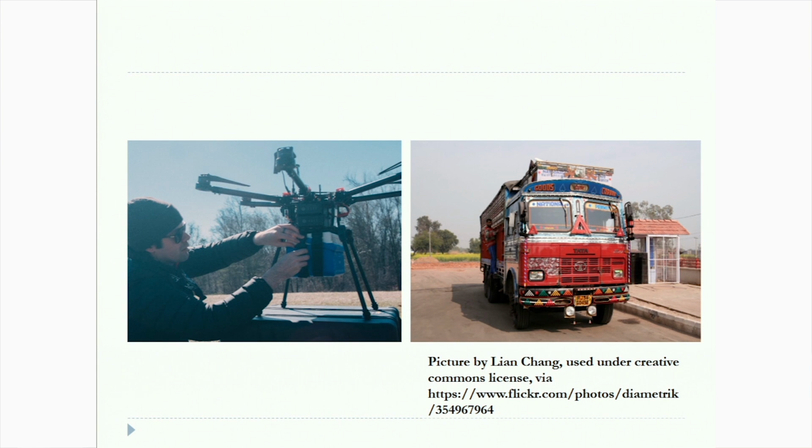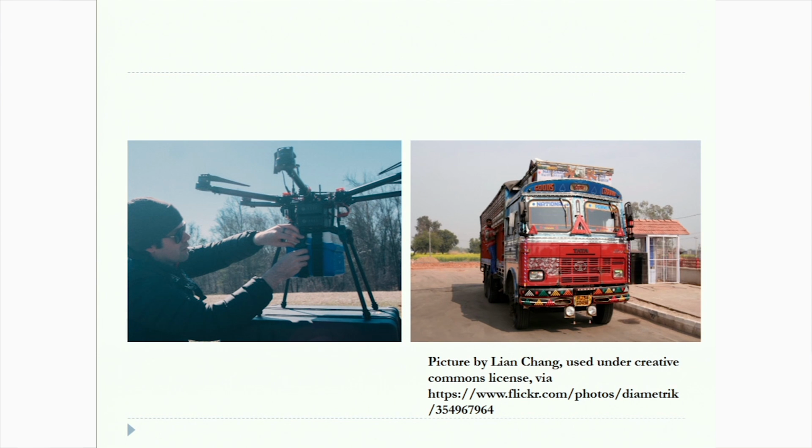I put the truck there for comparison. It's a lot smaller than a truck. The drone is about the size of Jeff's torso, and the truck is much bigger. It's an unmanned system, so one has a driver on board and the other doesn't. And it's an aerial system where it's flying. It's not using the roads.